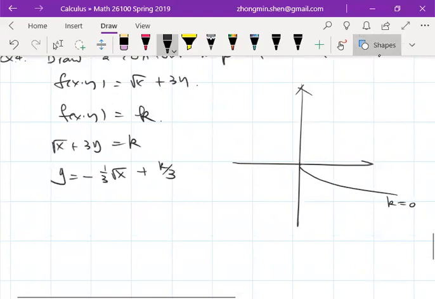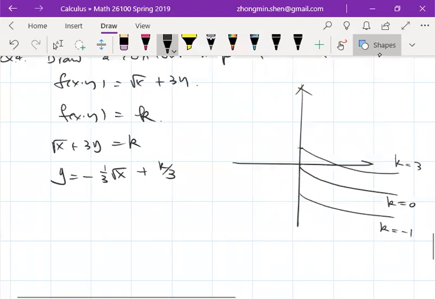Then when the value of k changes, you just shift the graph upward or downward. When k equals 3, you just shift the graph upward by 1 unit. Then when k equals -3, you just shift down by 1.